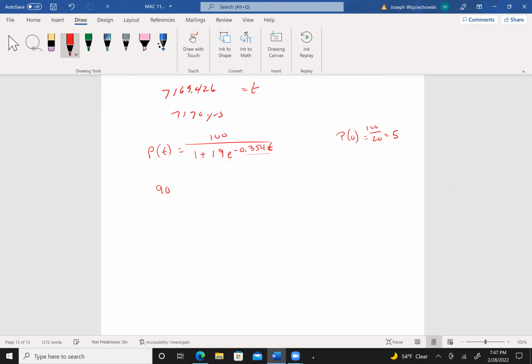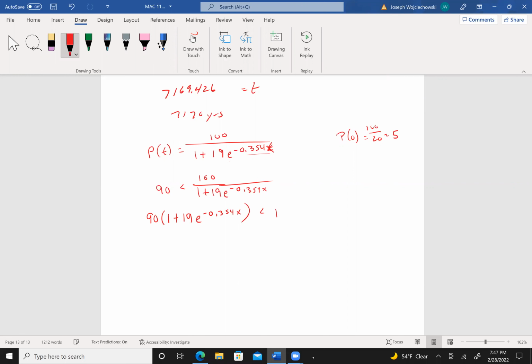So essentially, I want this to be greater than 90. E negative 0.354. I guess it is x. X being the number of times the test is taken. So when is this going to be more than 90? So I have 90 times 1 plus 19 times e to the negative 0.354 times x.